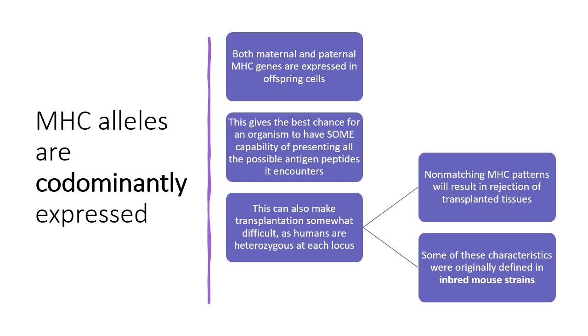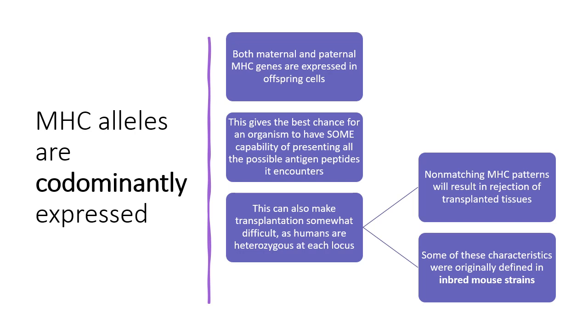So ultimately, because you've got both maternal and paternal MHC genes expressed in the offspring, this gives us the best chance to have some capability of presenting all the possible types of antigens that you can encounter in your lifetime. Lots and lots of possible combinations, hundreds of alleles. You're going to express some subset of 6 of those out of hundreds.